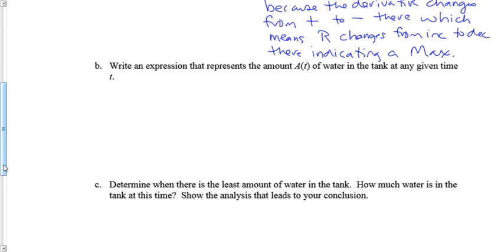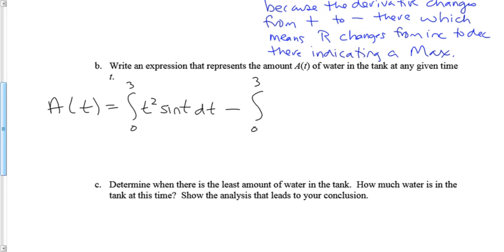So A of t is going to be the integral from 0 to 3 of r, which is t squared sine t, minus the definite integral from 0 to 3 of my s, which is 2 over (t plus 1) squared dt. So that's just an expression for the amount of water in the tank.